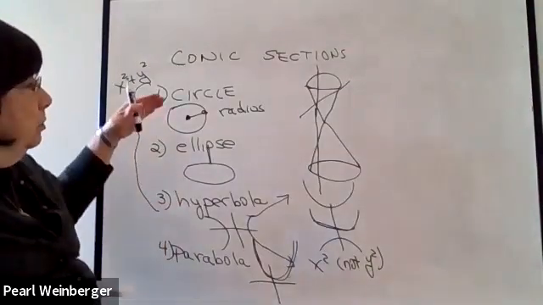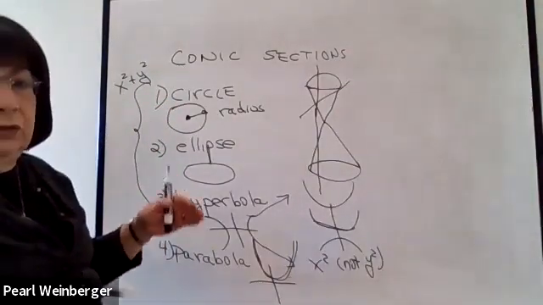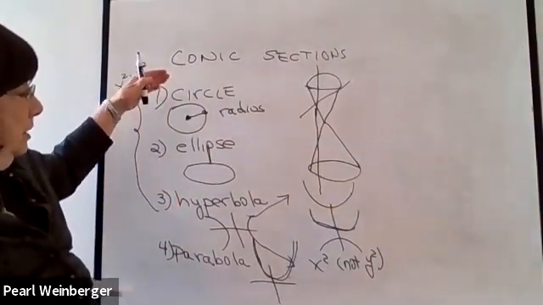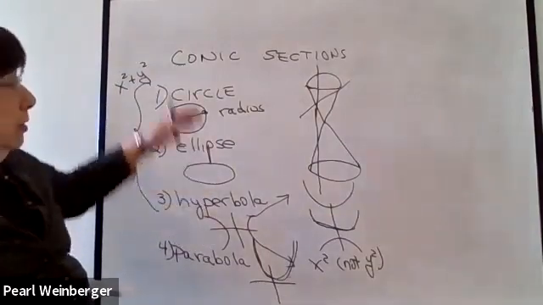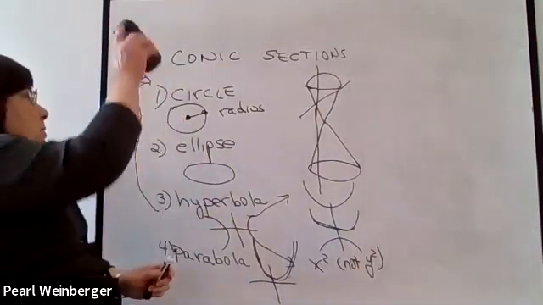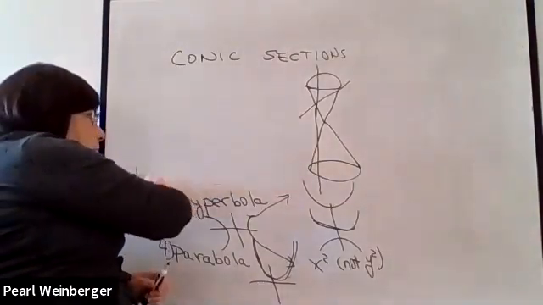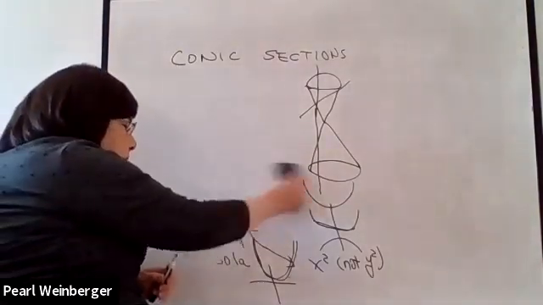I'm going to start with the circle because the circle is quite easy. I'll do it in the order I wrote it down. Okay, so I'm going to erase these, and we're going to start with the first one.